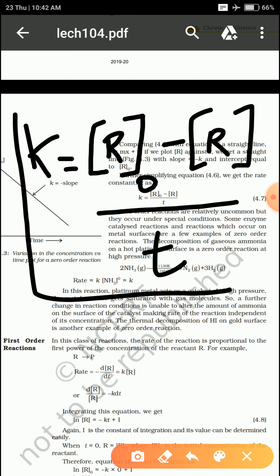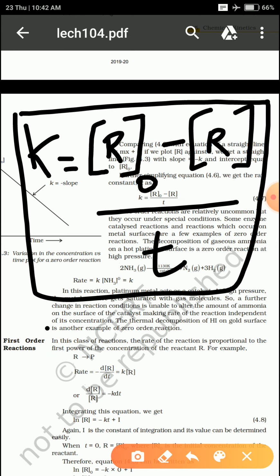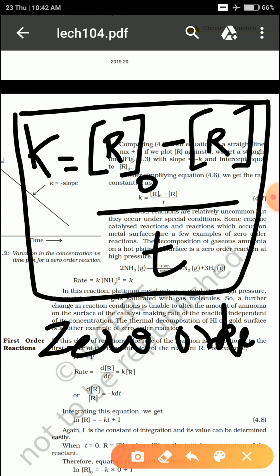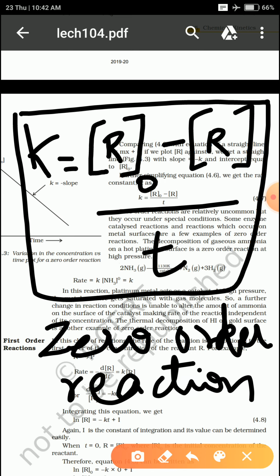This is the equation for the rate constant of a zero order reaction. I hope you understood the derivation methodology.